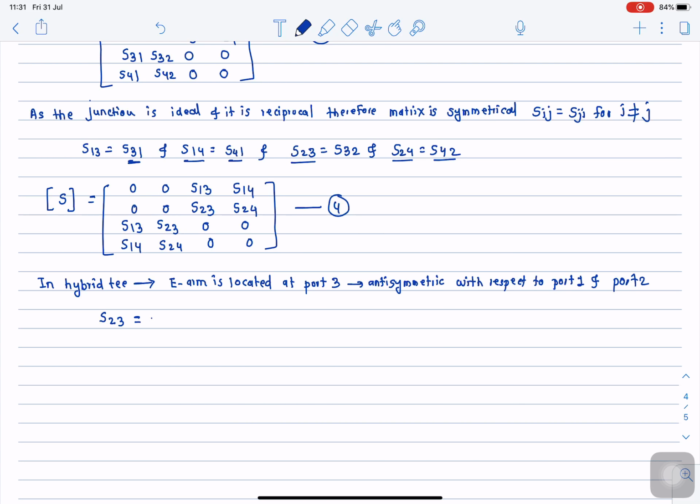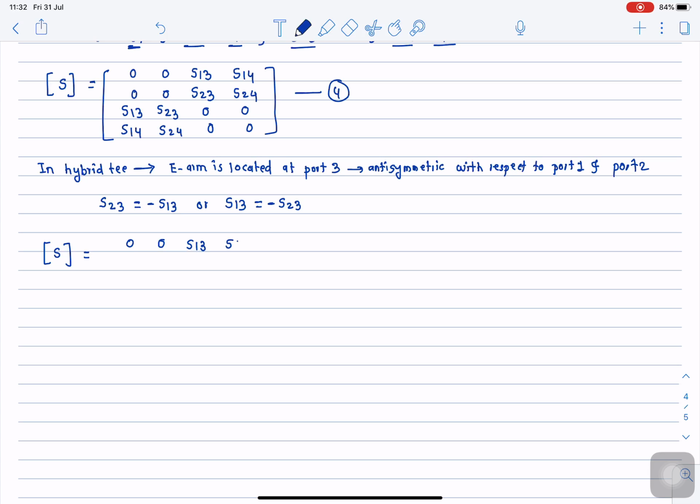The first two terms are 0, S13 as it is, S14 as it is. Now S23 we replace with minus S13, and S24 as it is. Then S13 as it is, S23 replaced with minus S13, and finally S14 and S24 as they are.